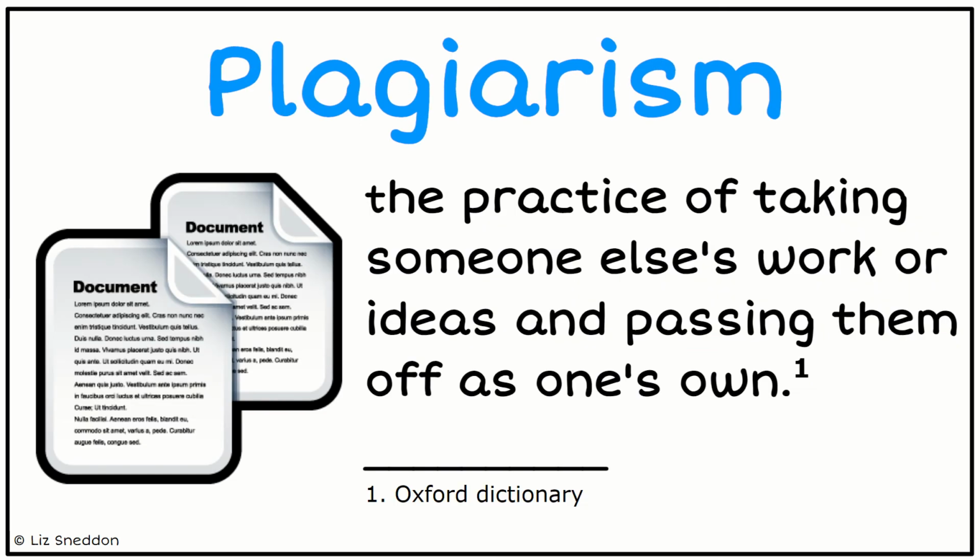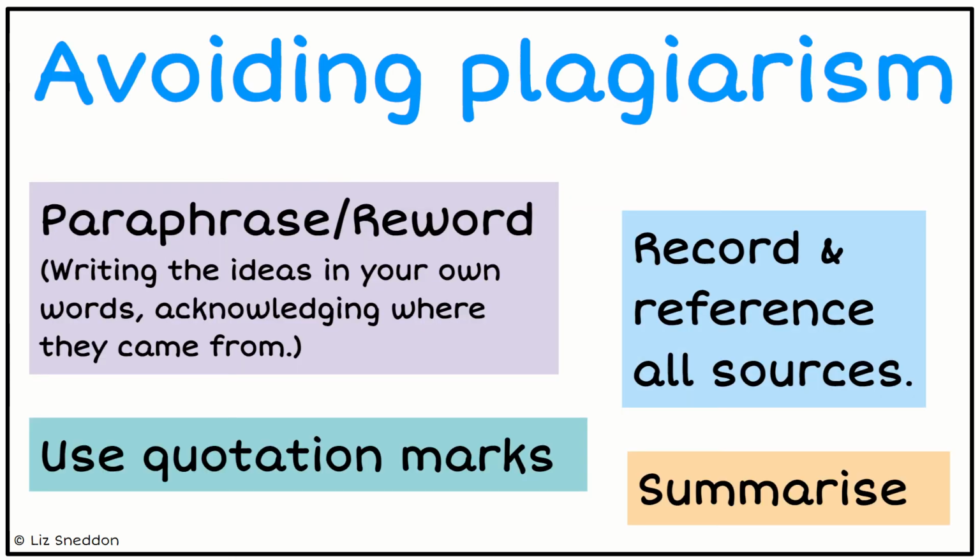So a note about plagiarism, and that's the practice of taking someone else's work or ideas and passing them off as your own. Copying is another name for it, but it's when you do a direct copy and you don't tell us where it actually came from, who the original author was. So to avoid plagiarism, things like paraphrasing or rewording.